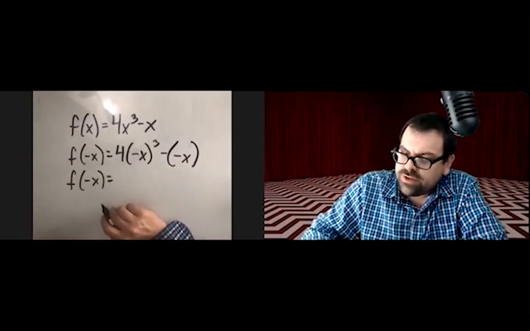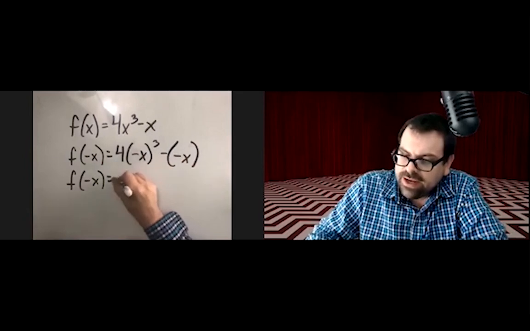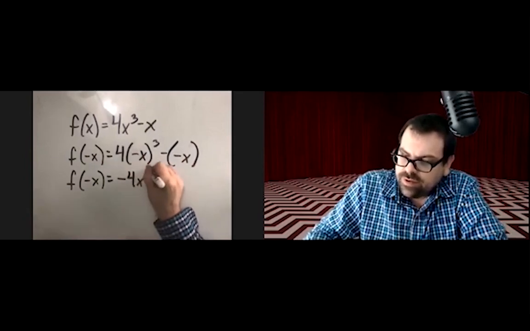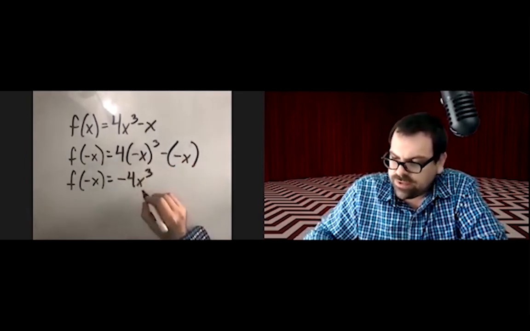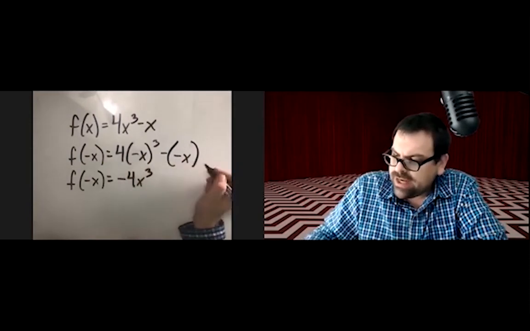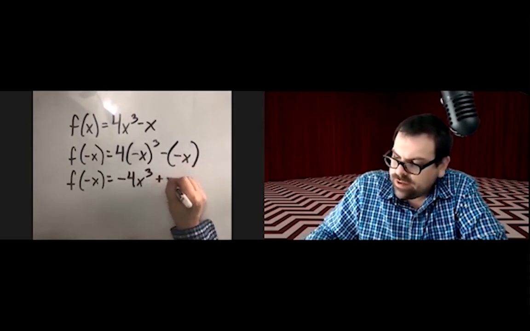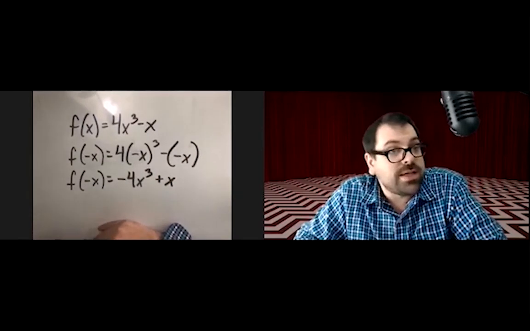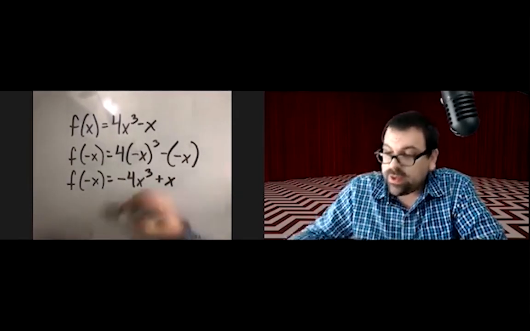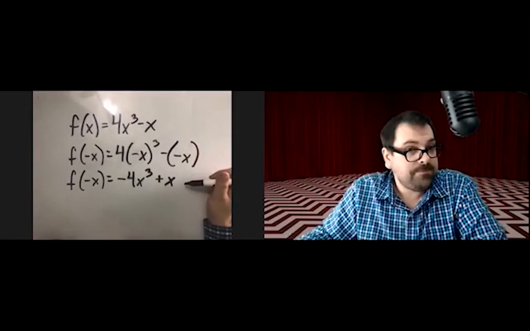A negative to an odd power will be negative. So negative 4x cubed minus negative x is going to be plus x. This is not the same.